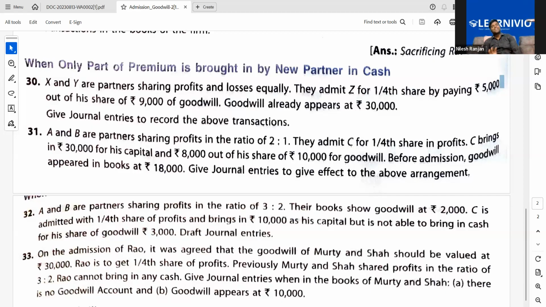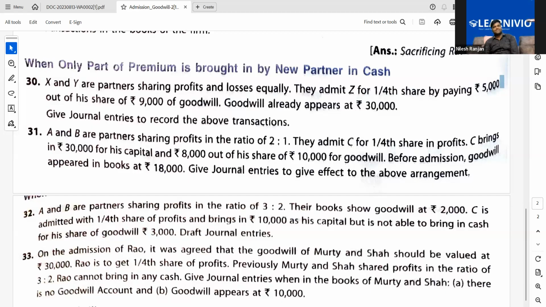Most of them. Okay. Do you remember which value is written in revaluation account? The value of assets or liabilities, which value is written?